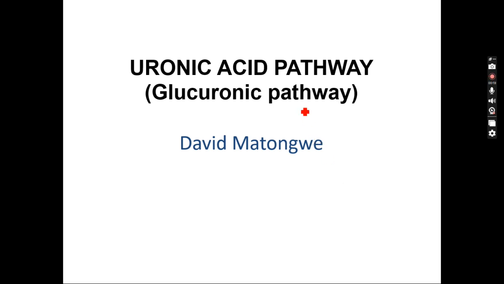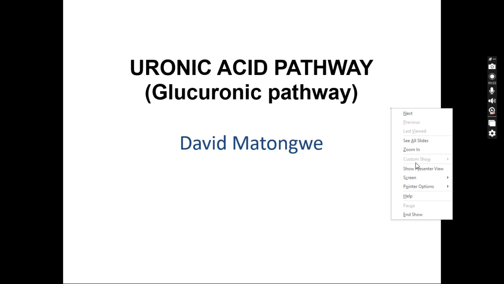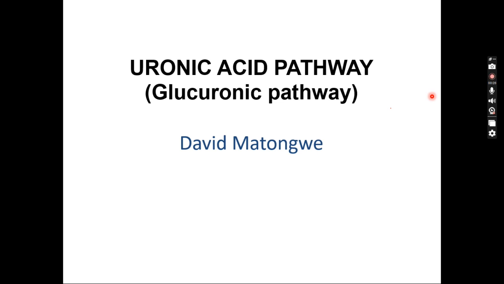Okay, so today's lecture will continue from where we ended. We are still looking at these pathways. So we did the hexose monophosphate shunt, and today I want us to look at the uronic acid pathway.